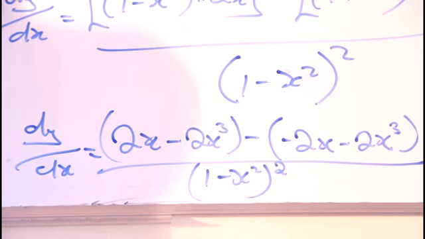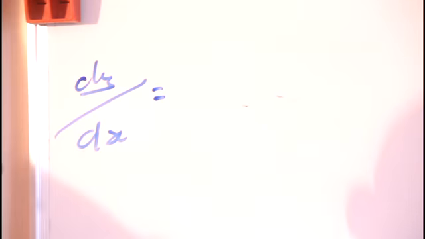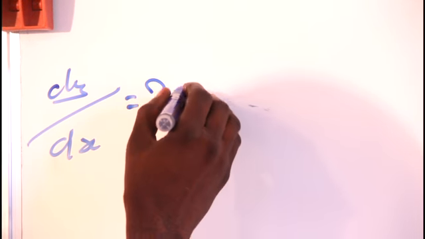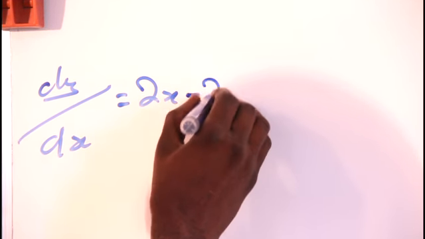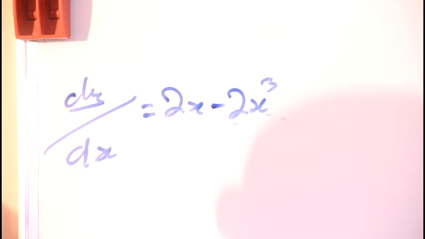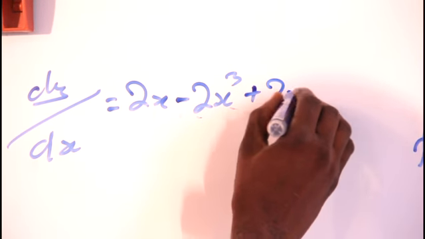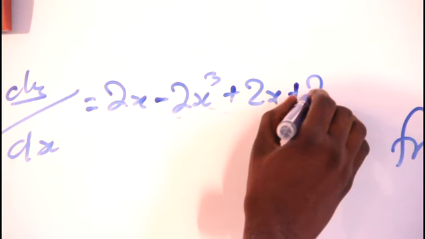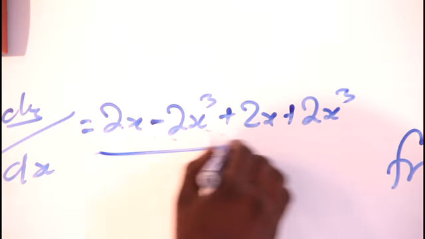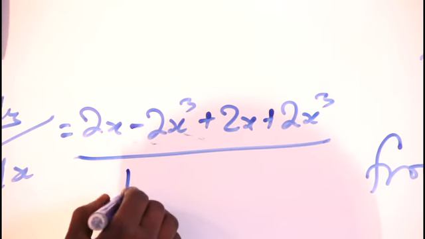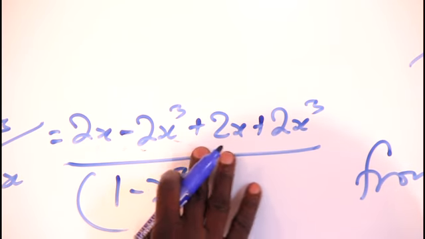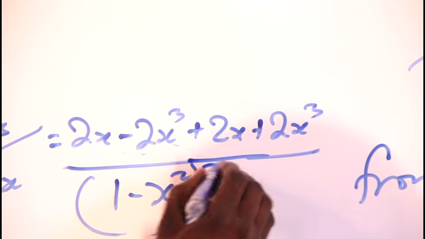We will end up having dy over dx equal to 2x minus 2x cubed, then plus 2x plus 2x cubed, all over 1 minus x squared all squared. Look at it very well, all squared.